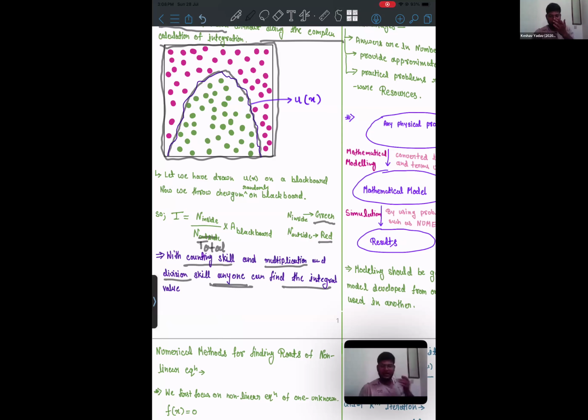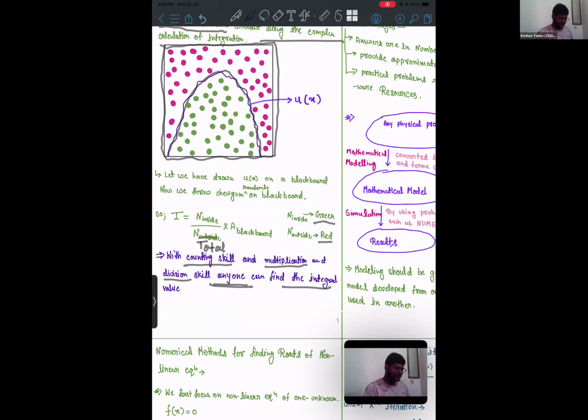This is the beauty of numerical methods: they use simple arithmetic operations to solve a complex problem. Many practical problems that we face in real life cannot be solved using pen, paper, or analytical methods.